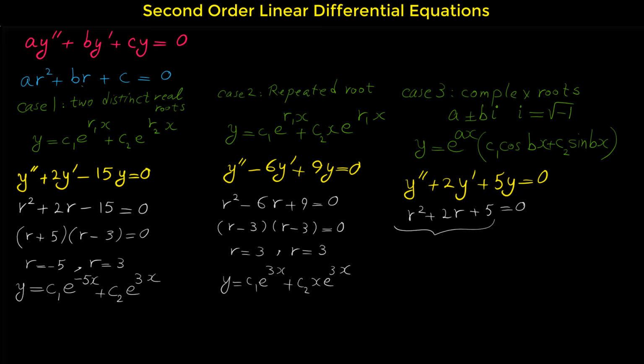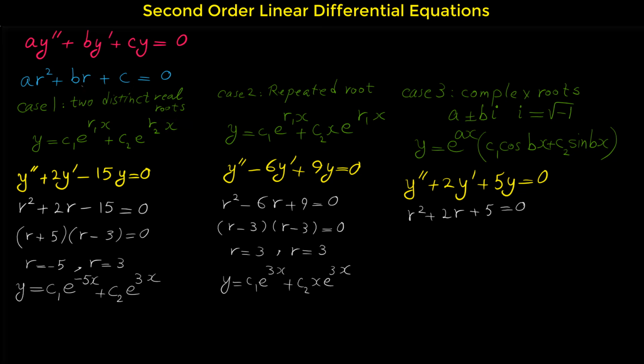If you try to factor this, you will see that it seems impossible to factor. So for finding the roots of this quadratic equation, you have to use the quadratic formula. If you don't remember it, let me remind you.